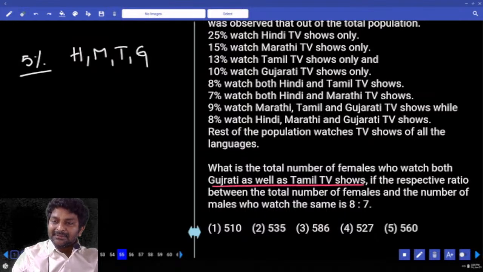Gujarati and Tamil. I think for the previous question we calculated, right? Who watch both Gujarati as well as Tamil.